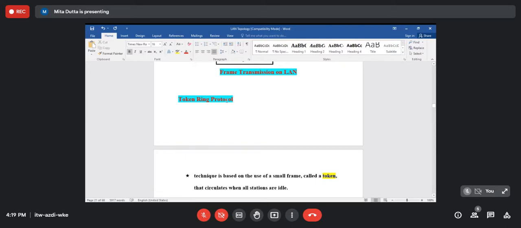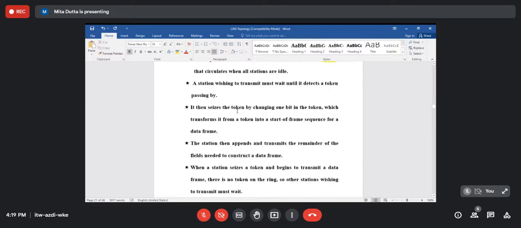Prior to transmission of actual information, a token circulates within the network, and the node which gets that token has permission to send the information.